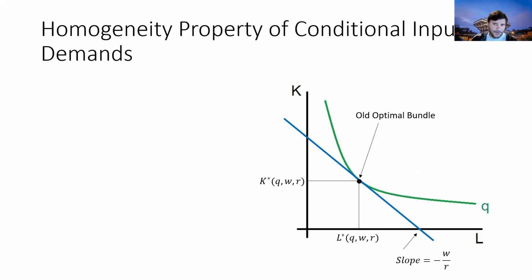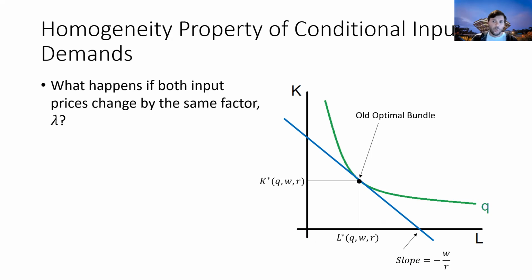So we're going to think about the following question here. What happens if both input prices, the wage and the rental rate, what happens if we change W and R by exactly the same factor? That's what I want you to think about. What happens to the demand if we change W and R by the same factor?